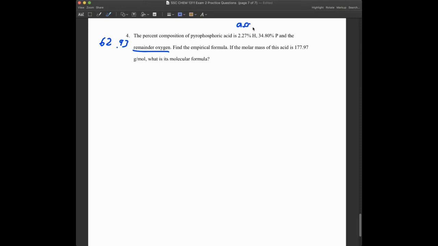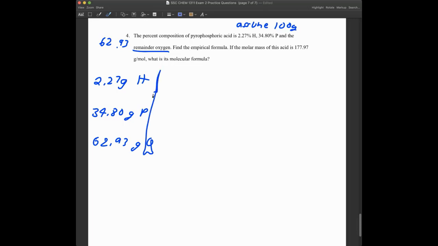So like the last problem, if I assume this is 2.27%, we have 2.27 grams. For the phosphorus, it's 34.8 grams. This is for H, let me write that. And then we have the remainder oxygen, which is 62.93. Okay.